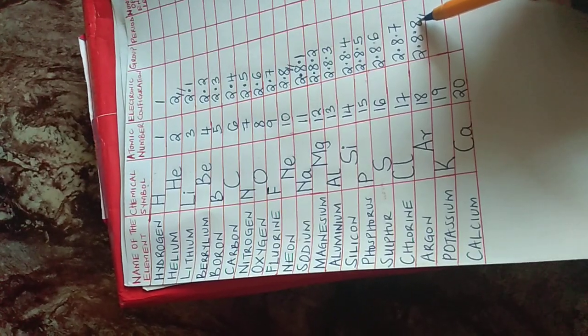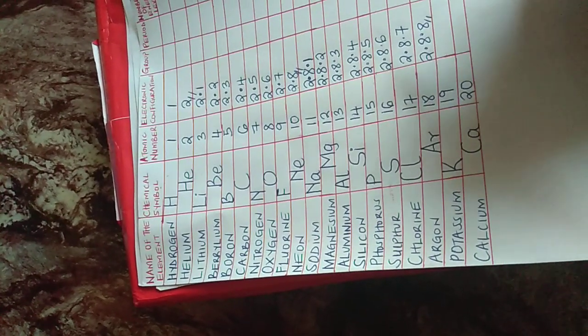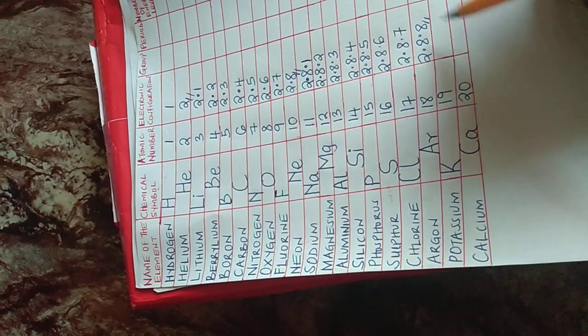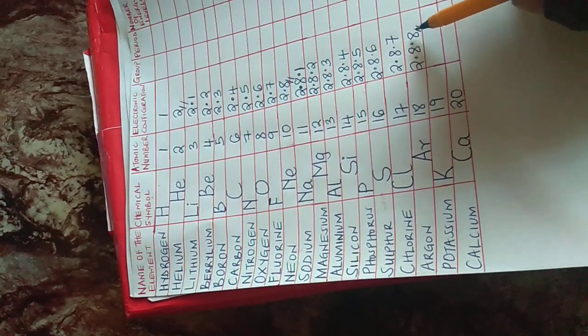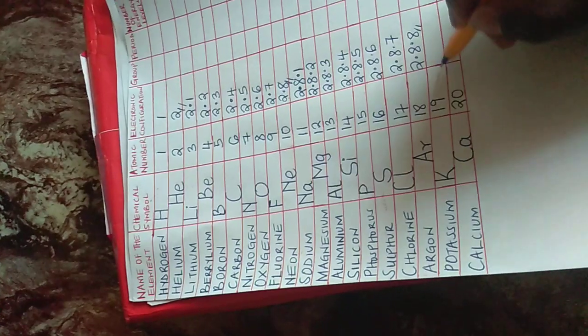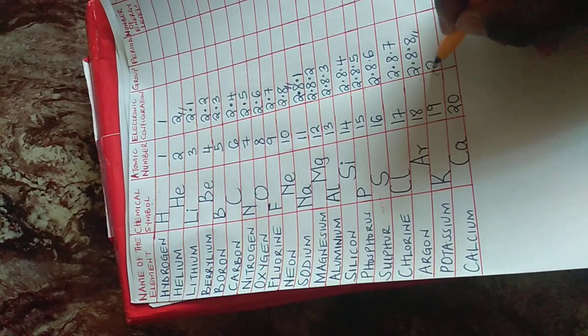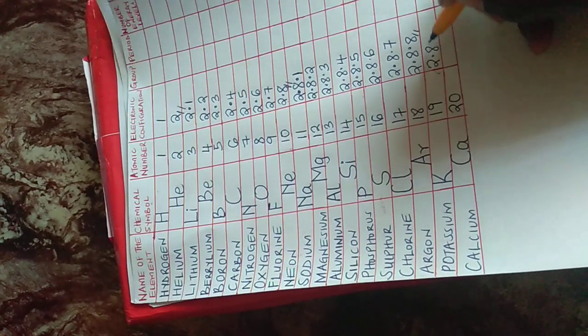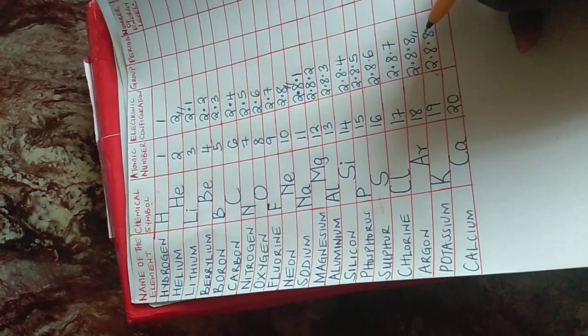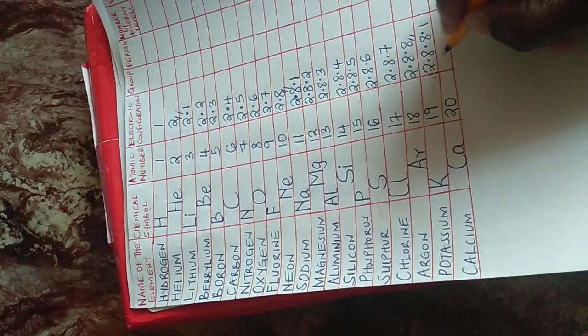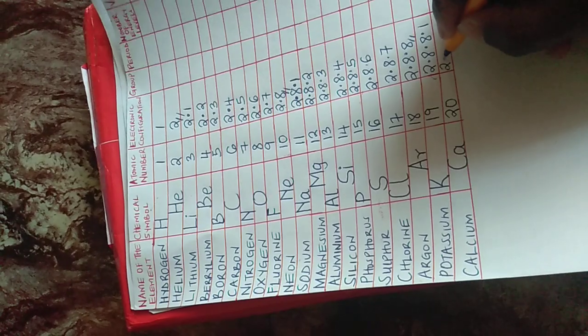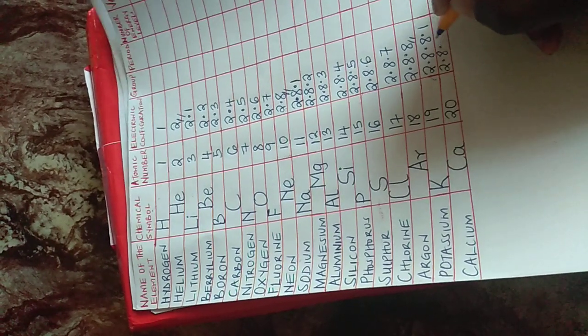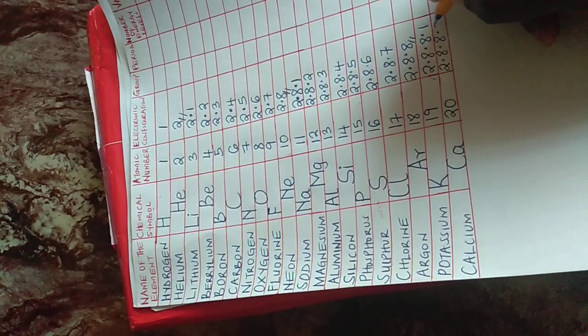Even the third energy level should have, for the first 20 elements, a maximum number of 8 electrons. So tukienda kwa potassium itakuwa na 2, ifuate rule ya pili, ifuate rule ya tatu na ibakishe 1. This one will have 2, 8, 8 and 2.